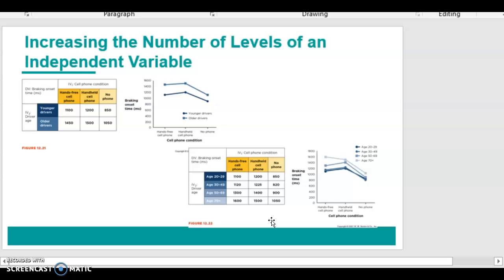Interactions are most easily detected with a line graph to see whether the lines are parallel. In both cases, statistical tests are always needed to confirm whether the main effects and interactions are indeed statistically significant.